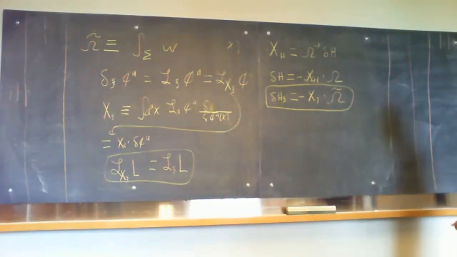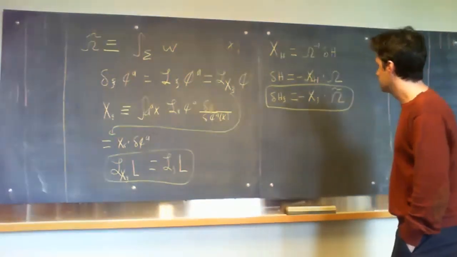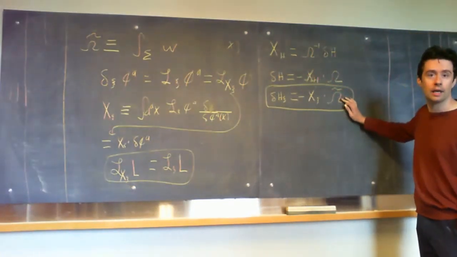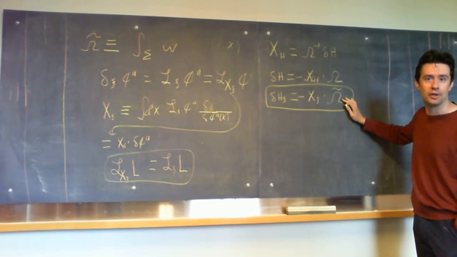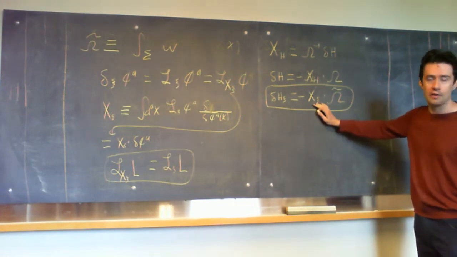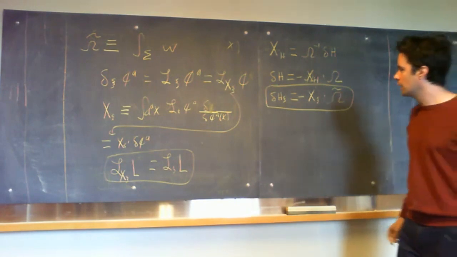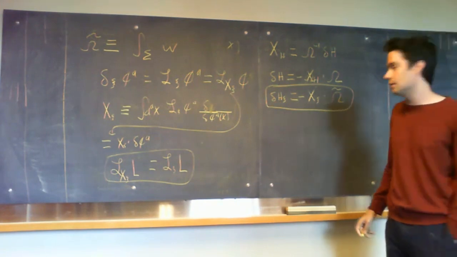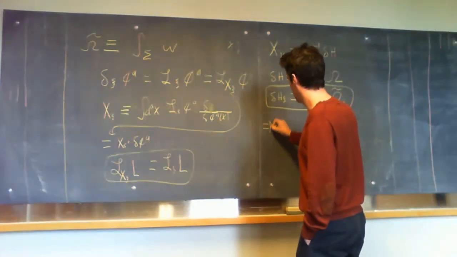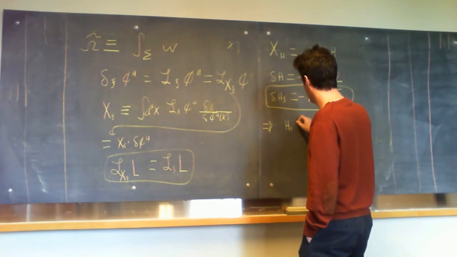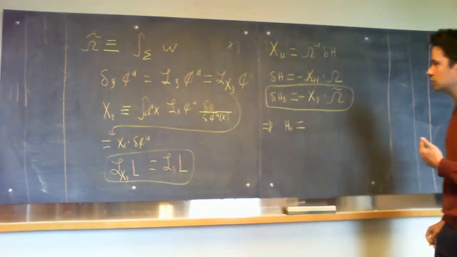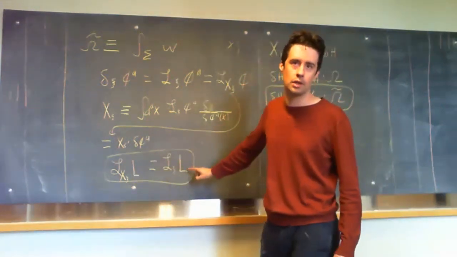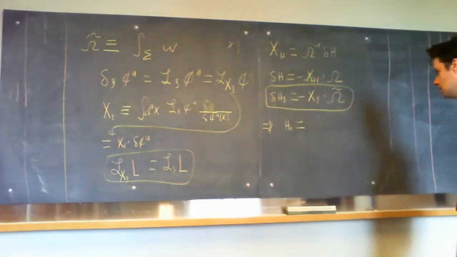Now, I don't have time to go through the algebra, although it's in the paper. So the idea is using all the formulas that we just discussed, we just compute the right-hand side of this equation. We have a formula for omega tilde, we have a formula for X_C, we evaluate it, and when you evaluate it, lucky us, we find that indeed it is equal to the variation of something, to the phase space exterior derivative. So we find H_C, and the only thing we have to use in doing the derivation is that the Lagrangian and also little l and c are covariant under the diffeomorphism that we're talking about.